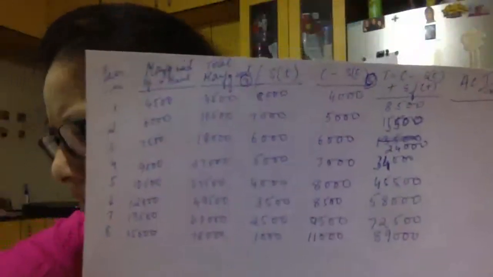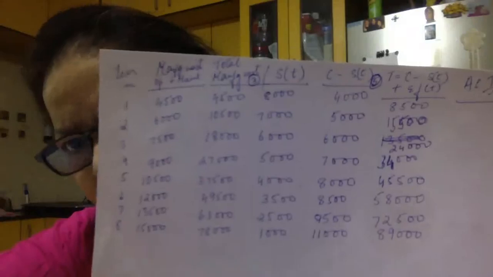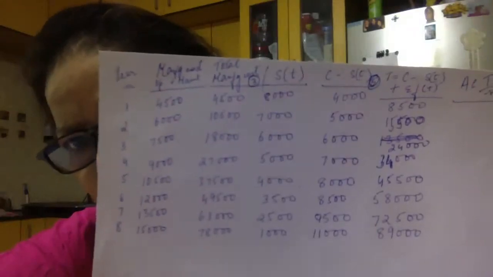Last is average cost. That is capital T divided by N, that is the previous column divided by the number of years. So the first column will be 8,500 divided by 1, 8,500.